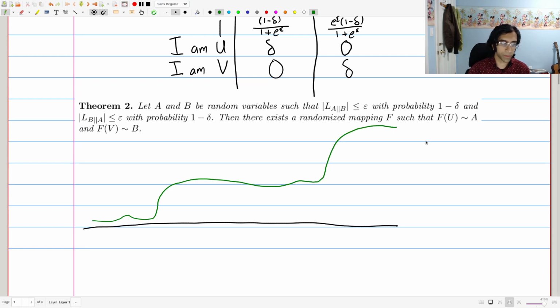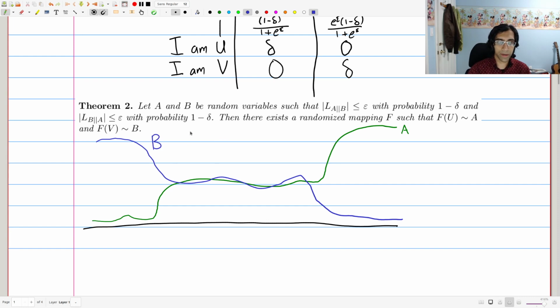So this is one distribution. Let's call this one A. And then we have another distribution, which is something like this here, and then here. And this is distribution B.